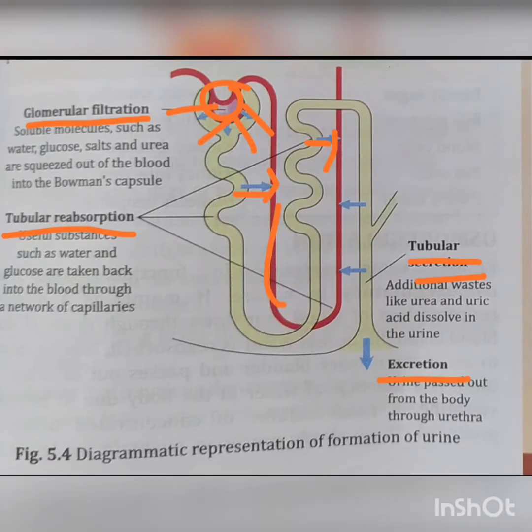The remaining liquid, along with some additional wastes such as urea and uric acid, is passed through both the ureters and collected in the urinary bladder. The urine from the kidneys reaches the urinary bladder via ureters. When the urinary bladder is full, urine is passed out from the body through the urethra.